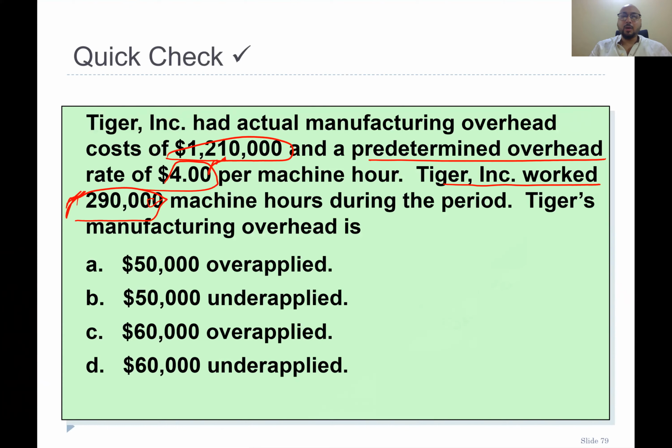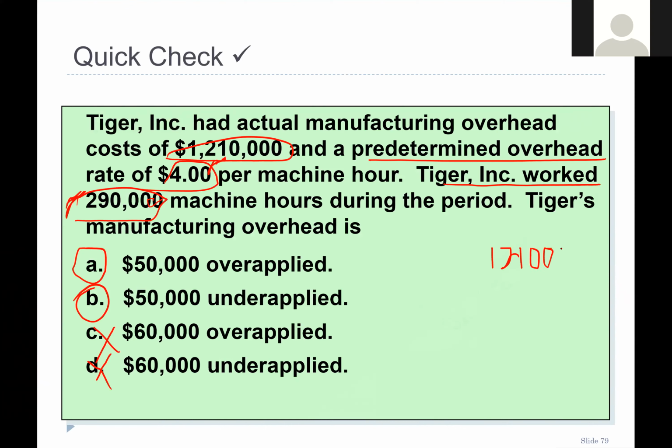So are we sure this is 60,000 or 50,000? 50. So we have a difference of opinion between A and B, so C and D cannot be the answer here. So what is the actual one, Ronnie? Under. I was supposed to say under, but I said it wrong.